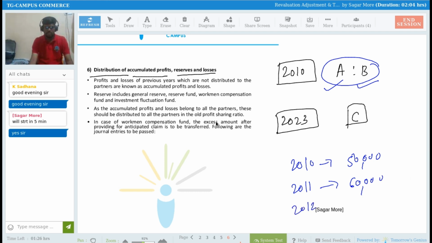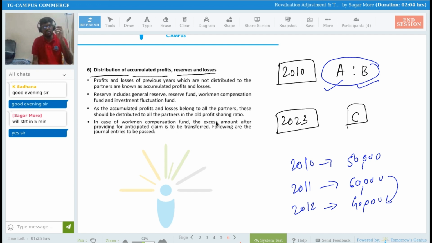In 2012, there is again a profit of rupees 40,000, right? I cannot adjust this 60,000 rupees of loss with this 40,000 rupees of profit. So what do I need to do? I need to systematically segregate that 60,000 rupees of loss and adjust it over a period of time, right? So far, if I am not going to adjust that loss, the total loss not adjusted with the profit is known as accumulated losses, right?